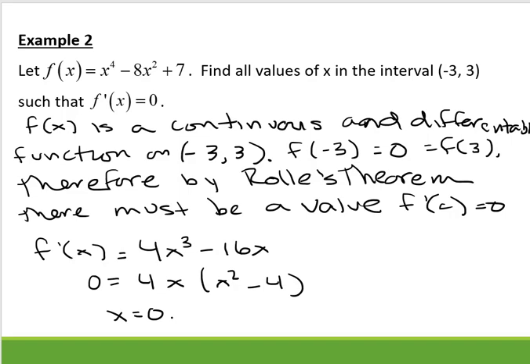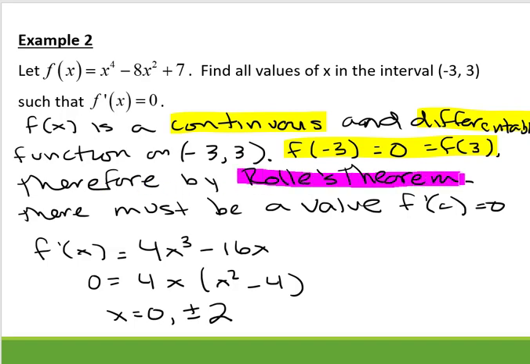Okay. Key things that you want to keep in mind here. You need to state that we are continuous, we are differentiable, and this. Those are the conditions to be true in order for us to use Rolle's theorem. And then I say, therefore, by Rolle's theorem, we must have a value. And then I find the value.